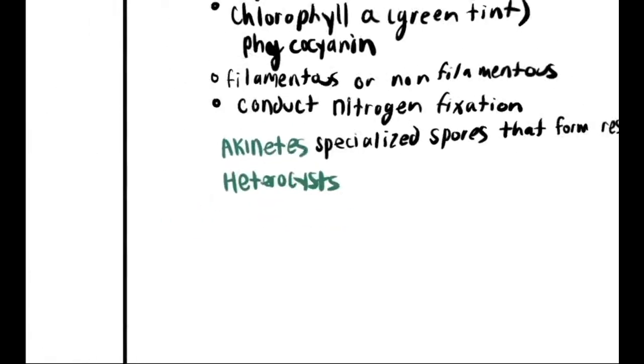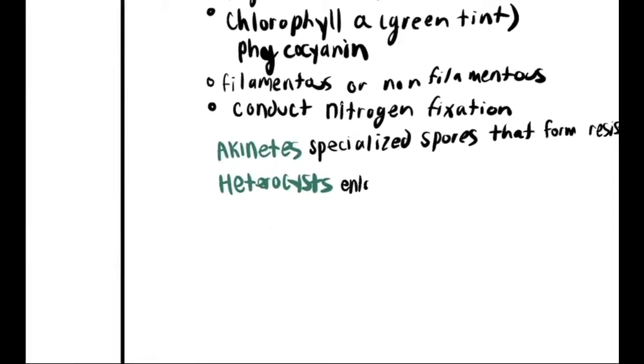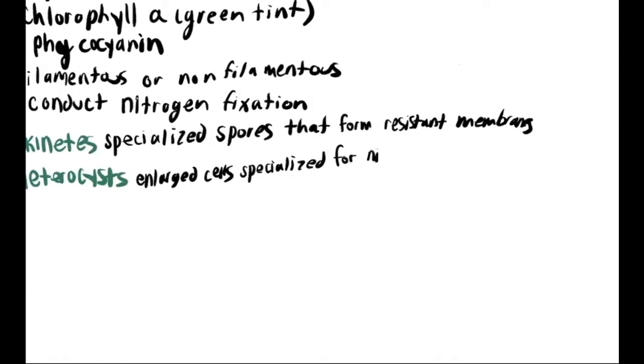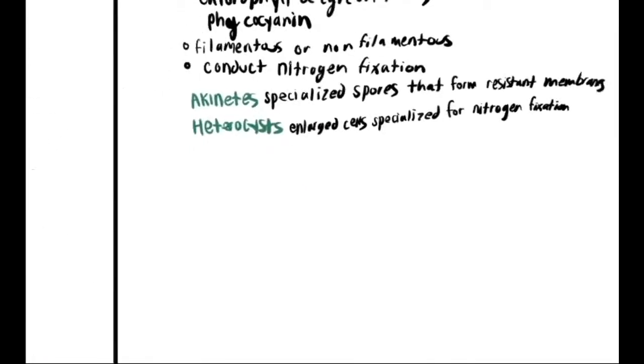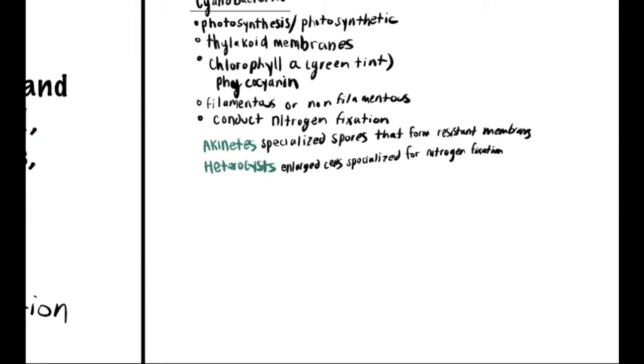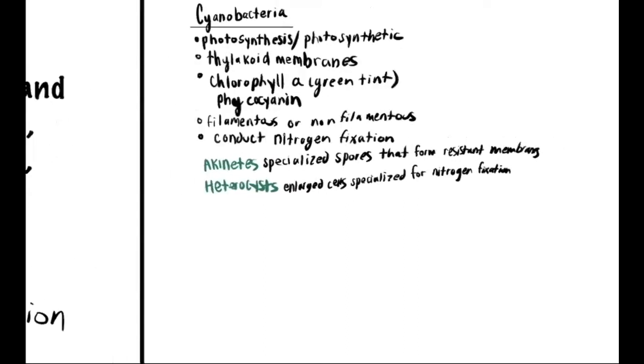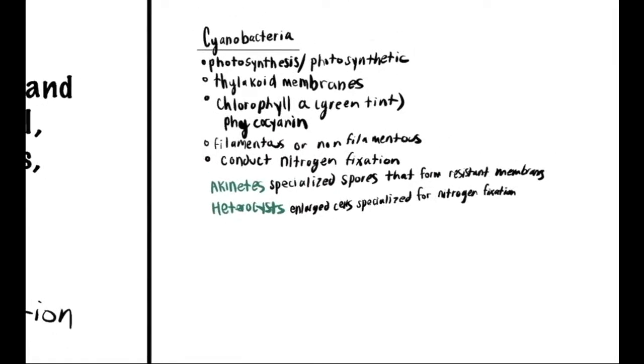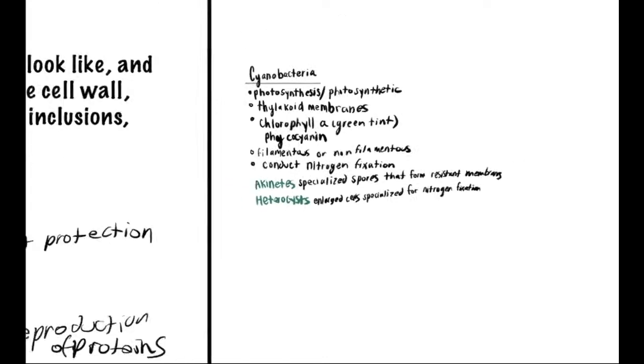And then you have the heterocysts, which are enlarged cells specialized for the nitrogen fixation that takes place in cyanobacteria. That's one of the first bacteria.